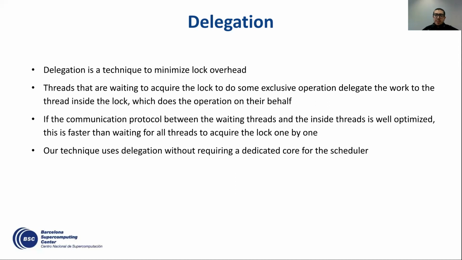And this thread performs the operation on their behalf and returns the result. If this communication mechanism is faster than entering and leaving the mutual exclusion region, which it usually is, it provides performance benefits. We use this technique in our final version of the scheduler lock.